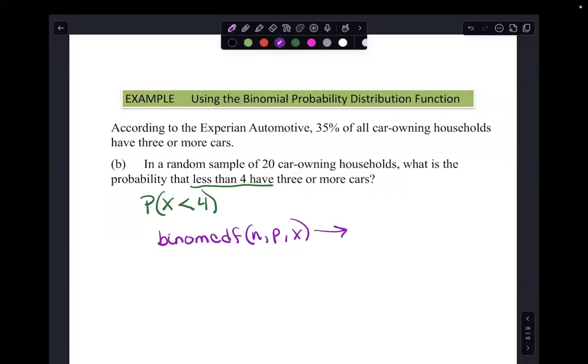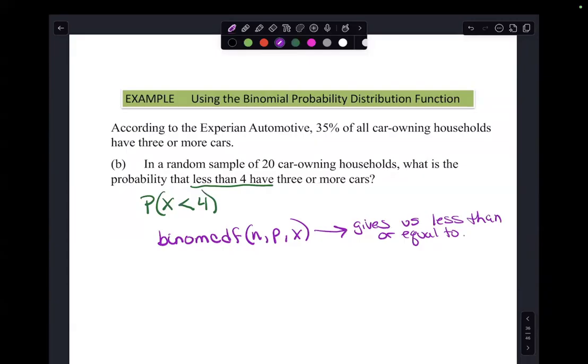I'm going to write it down. Less than or equal to. So if we want the probability that X is less than 4, we need to look at less than or equal to 3, because 4 is not part of our solution.